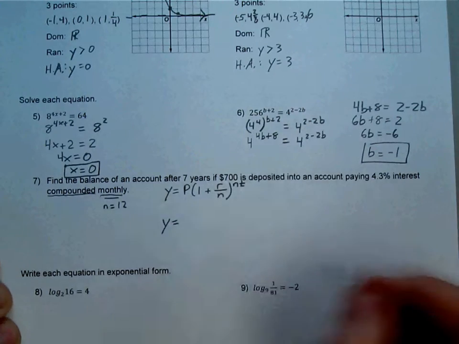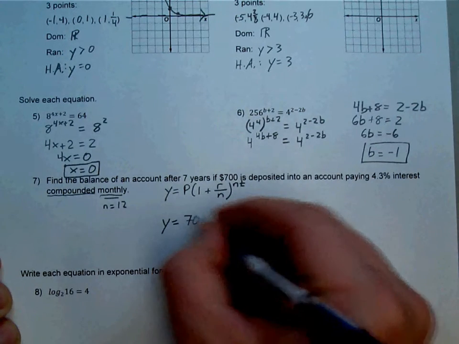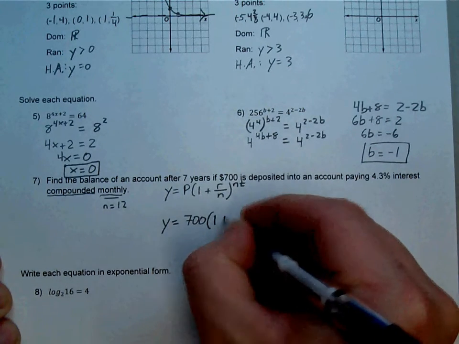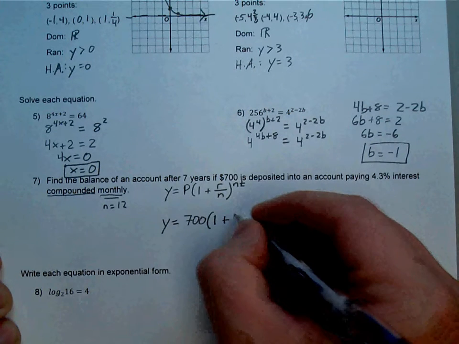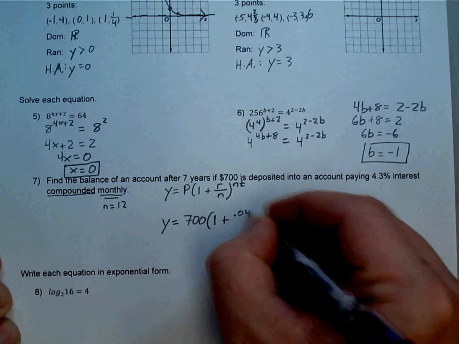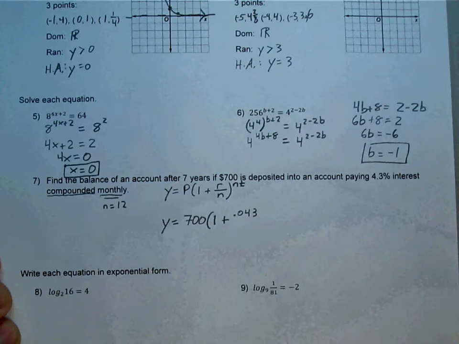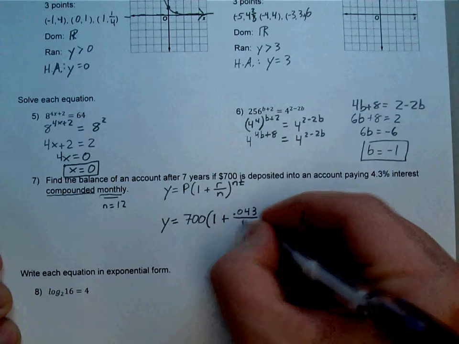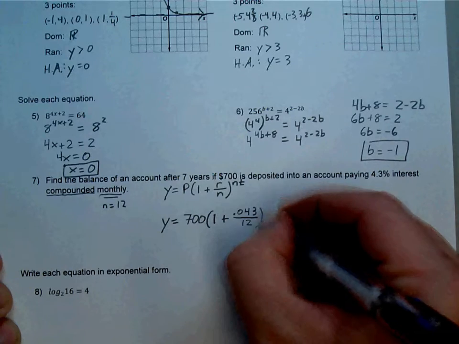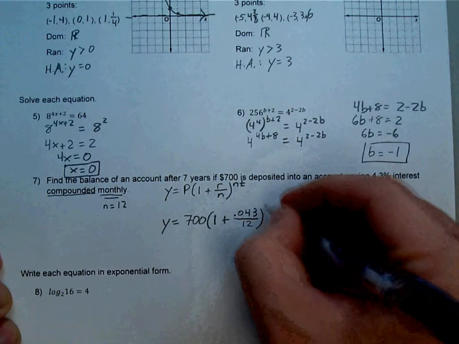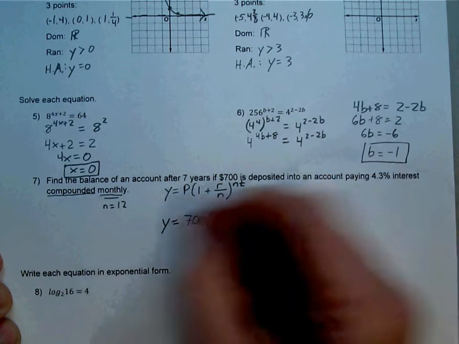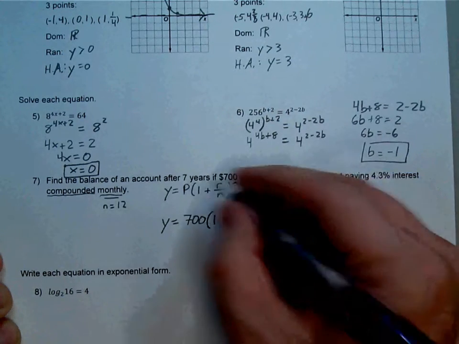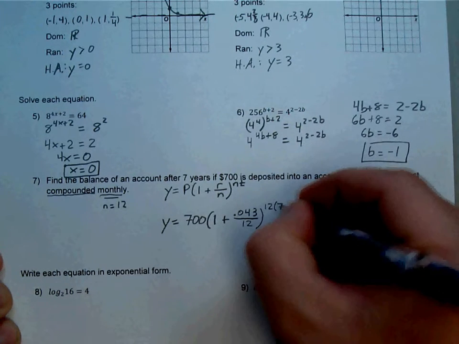So I'm initially depositing $700, so that's my principal. 1 plus the rate was 4.3%. You have to change it to a decimal, so you have to move the decimal 2 places to the left, so add in that 0. Divided by n, there's 12 months in a year, so we're getting the 12th of that interest every year. Close the parentheses, the exponent, take that same n value, 12, times the number of years. We're going for 7 years.